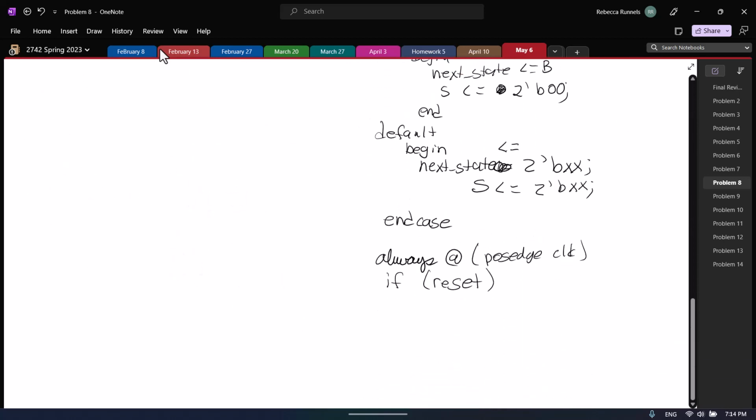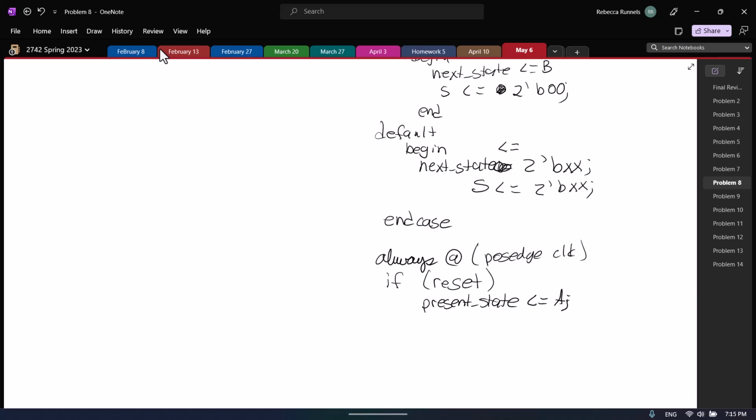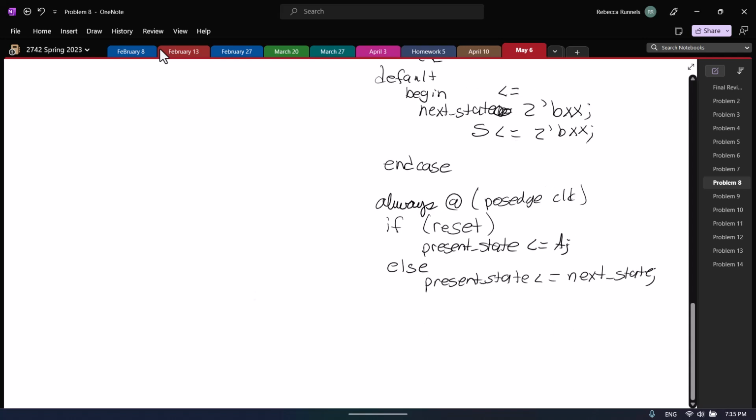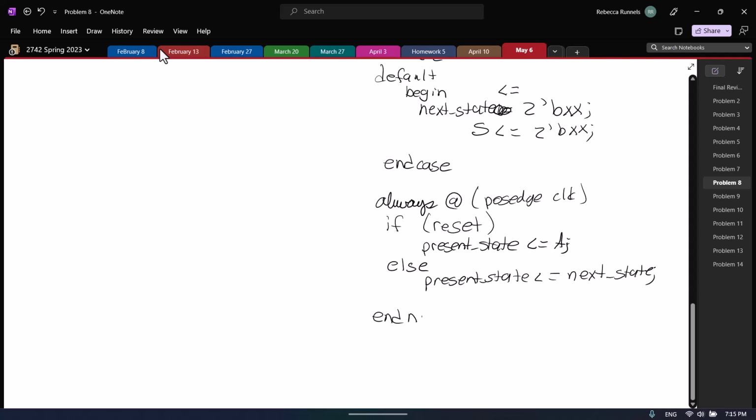If reset, then present state is A, else present state is next state. And again, I didn't have a begin on my always block because I just had this single if statement here. And then I can end module. And that is my Verilog. So questions on that?